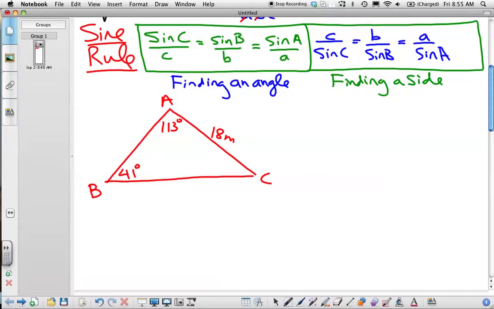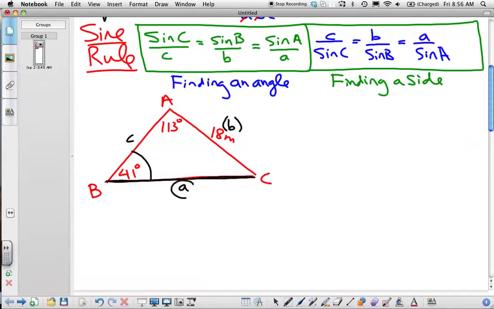Now notice we have the situation where we've got the angle and the opposite side. The important thing to do here is to label all your sides and your angles. Because this is opposite B, this would be b, this over here would be a, and this would be c. We are asked to find the length of BC.